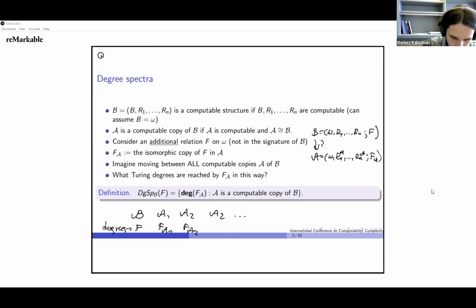So the degree spectrum of a computable relation F on a computable structure B is precisely that, the set of degrees of images of F across all computable copies of B. This notion essentially captures the complexity of a relation, which depends on which computable isomorphic copy of the structure we work in. As far as I know, this notion goes back to results by Harizanov.